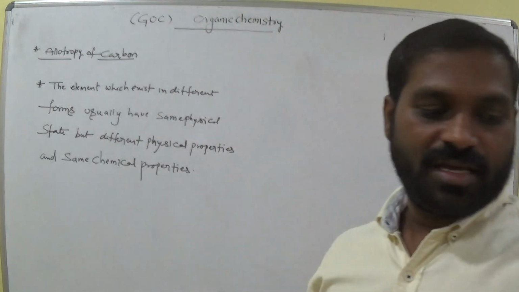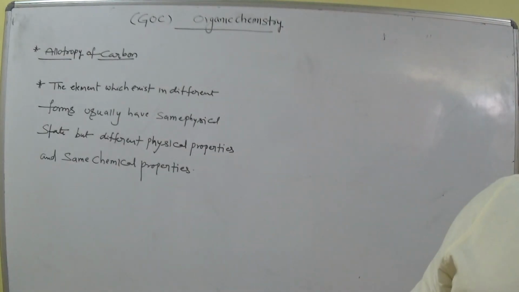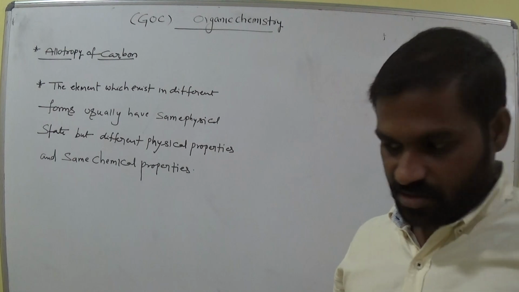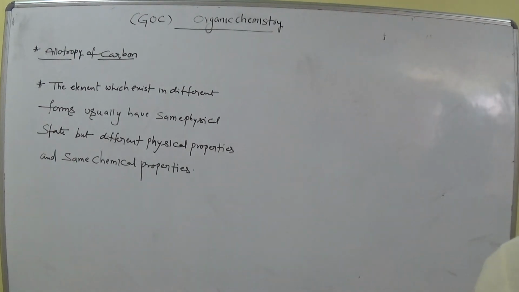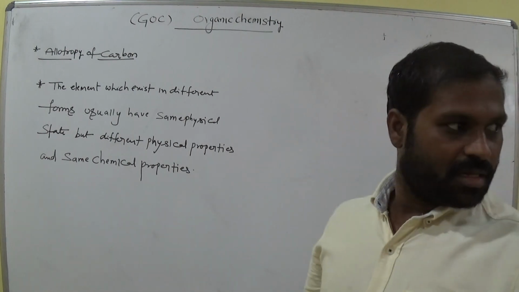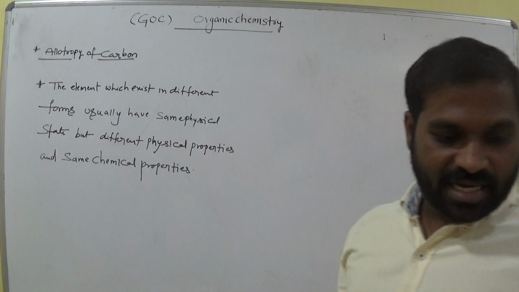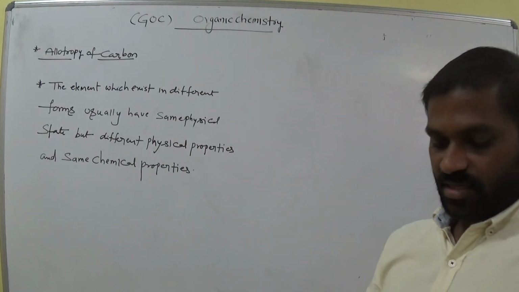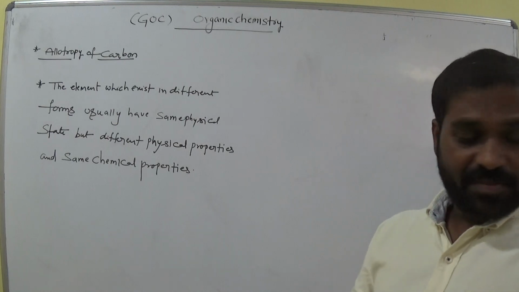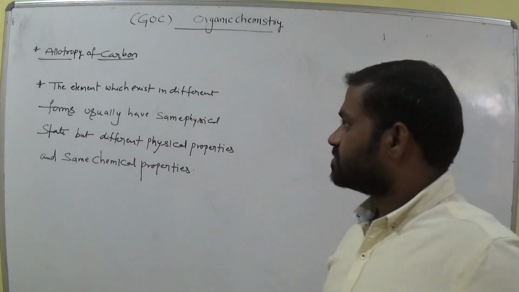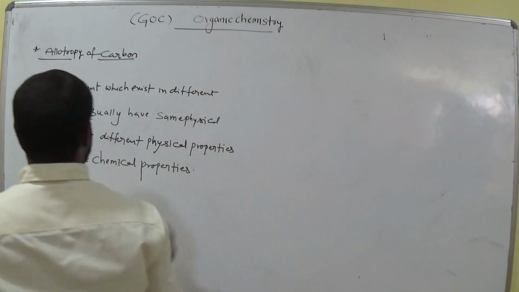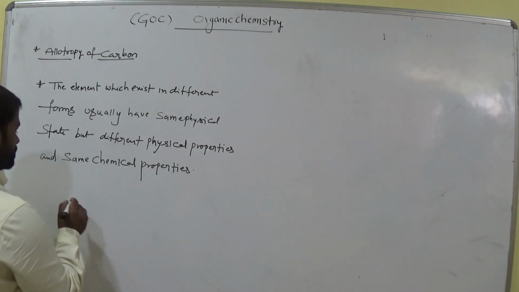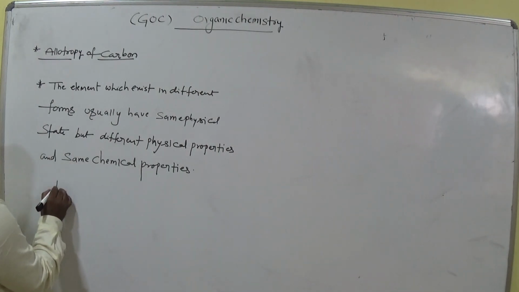So let's see, if you take carbon, okay, carbon has different forms, the element which exists in different forms. Example, diamond.